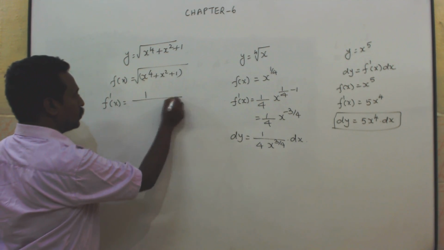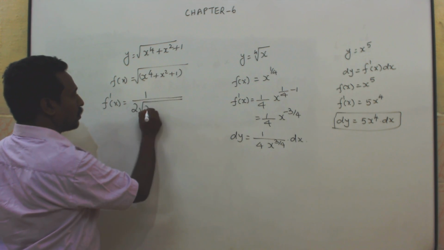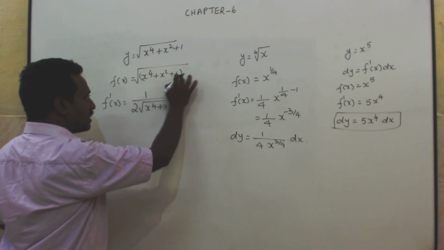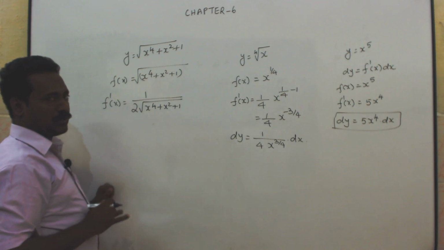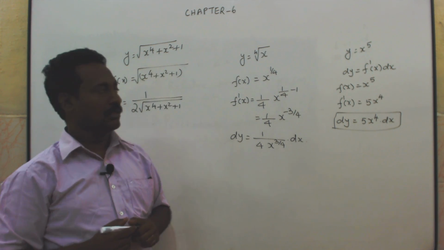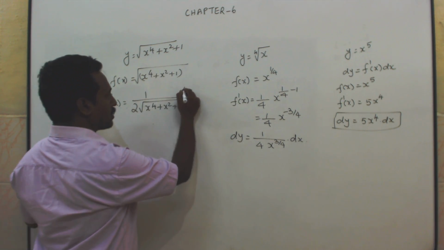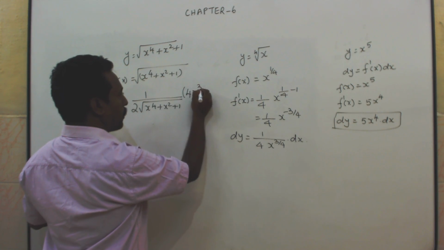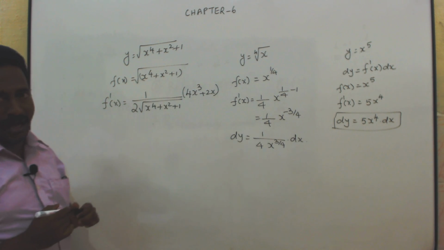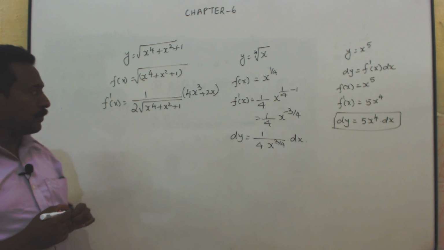Therefore, 1 by 2 root of x power 4 plus x square plus 1, then differentiation within the square root. This is called function of function rule. So, 4x cube plus 2x, once again the same power law, x power n.